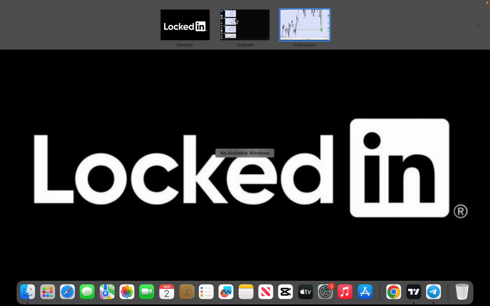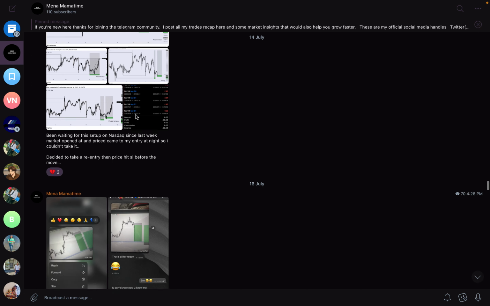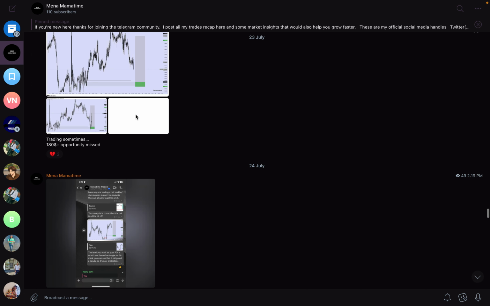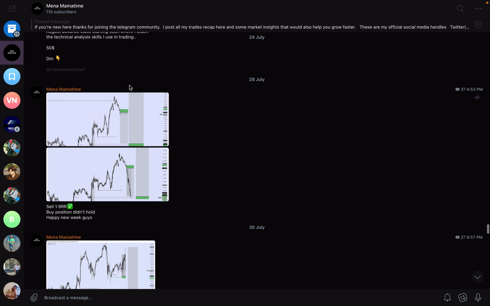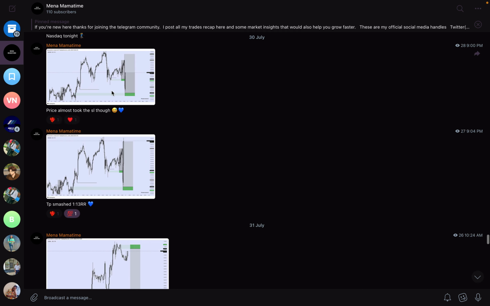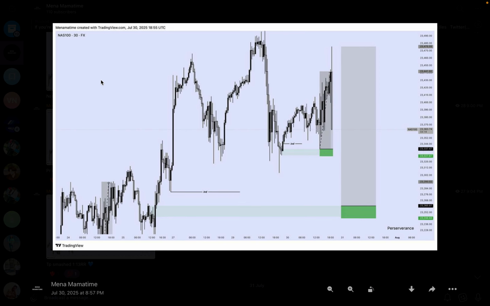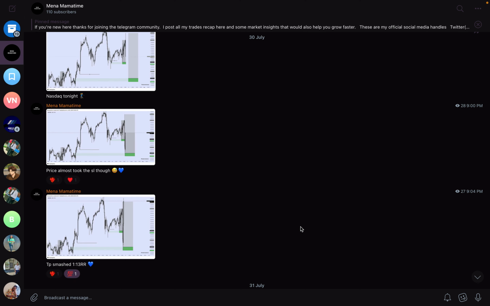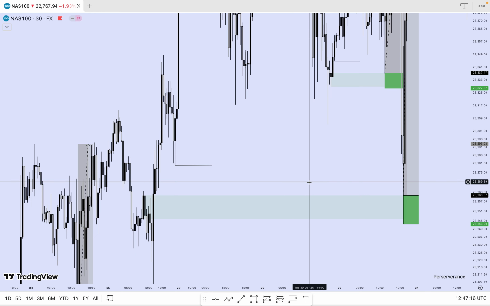Okay, I think it should be here. Okay, this is it. This is the before of the trade. So you see this breaker block here. You have your inducement. And this is the after of the trade.